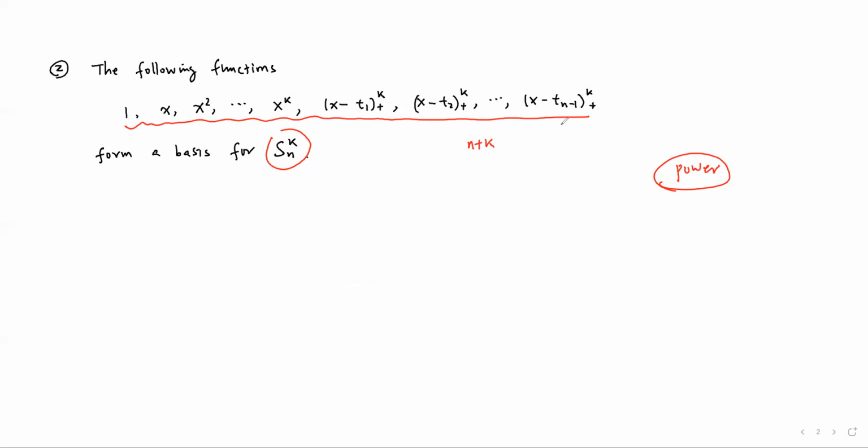So in the second topic, we give up this basis and try to find a second basis. The second basis doesn't involve any power. The second basis is used currently in practice.